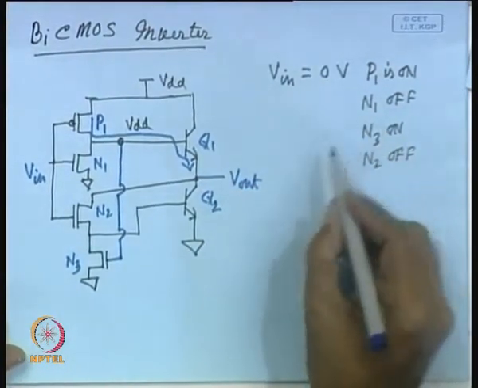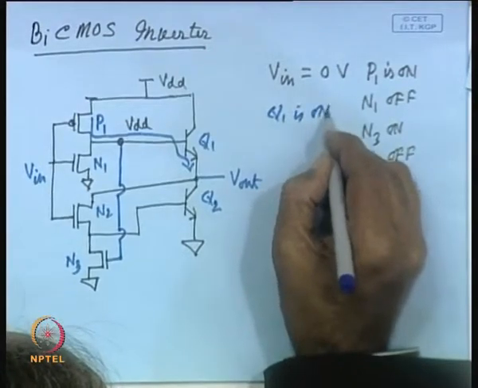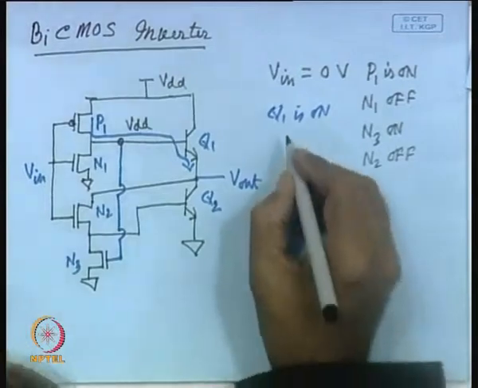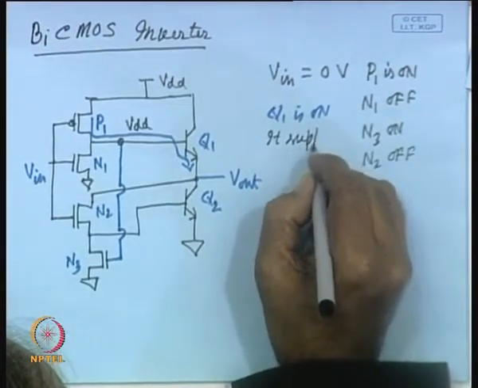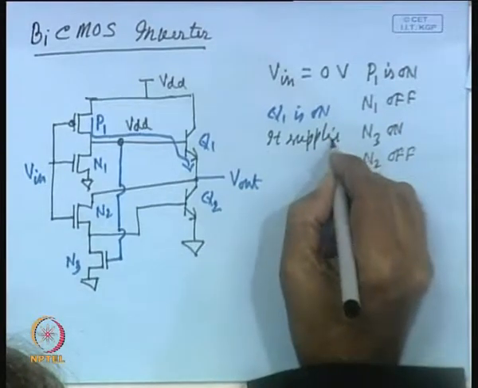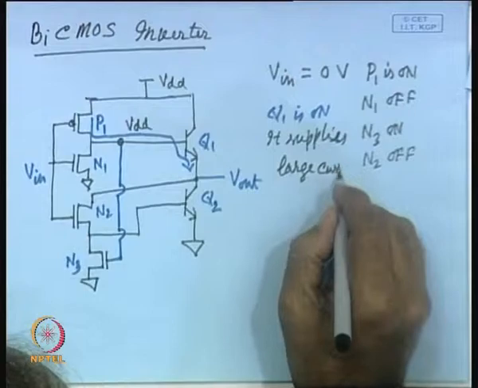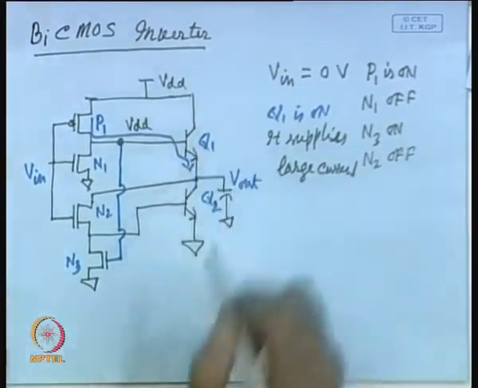Okay. So, Q1 is on and it supplies large current. That means, the pull up time will be quite fast.